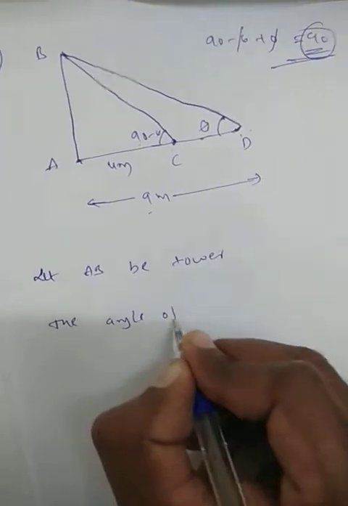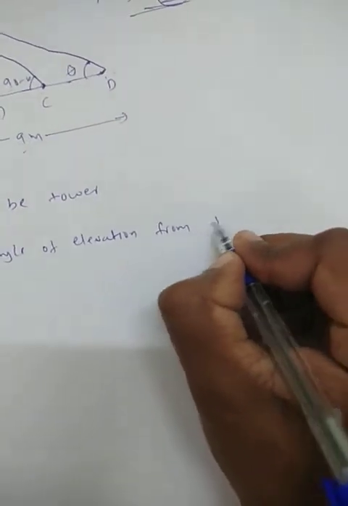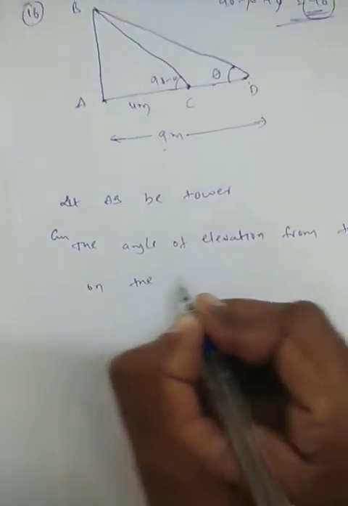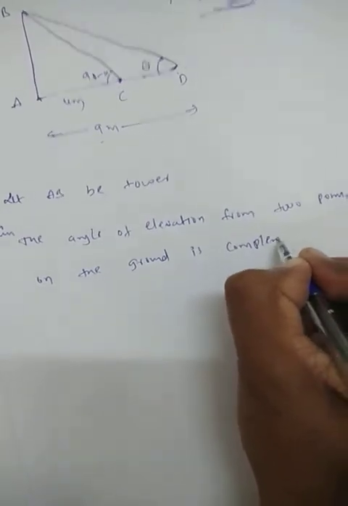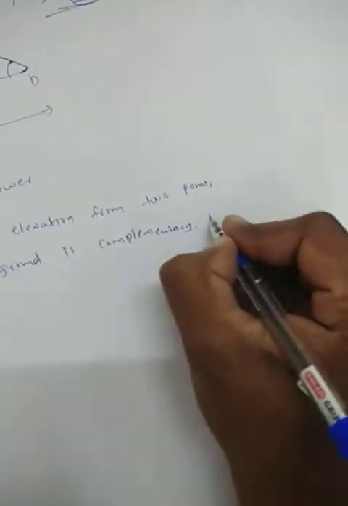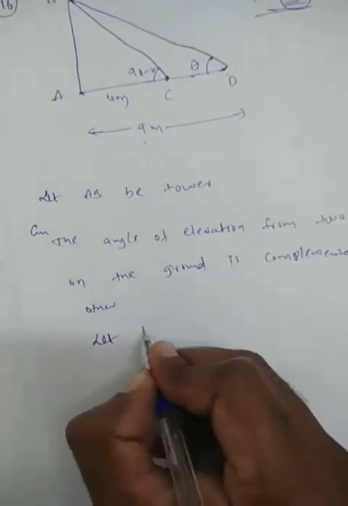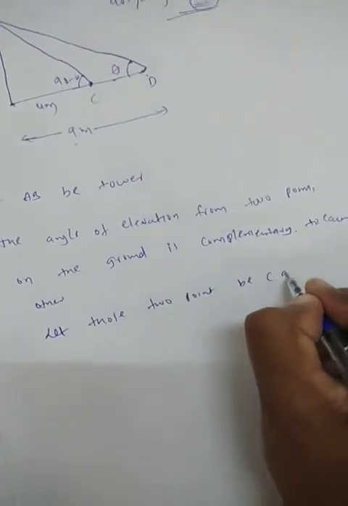Let the angles of elevation from the given two points on the ground be complementary to each other. Let those two points be C and D.